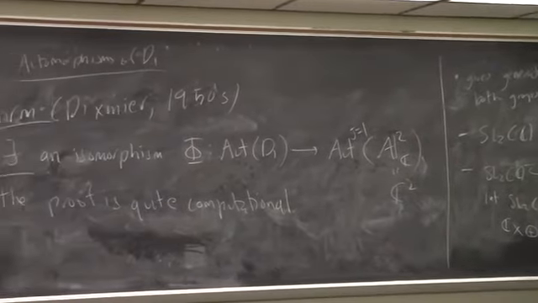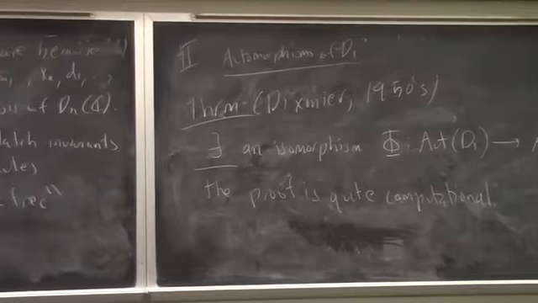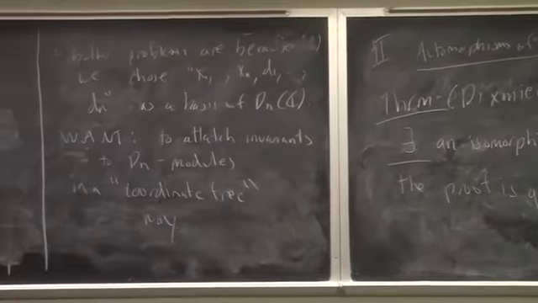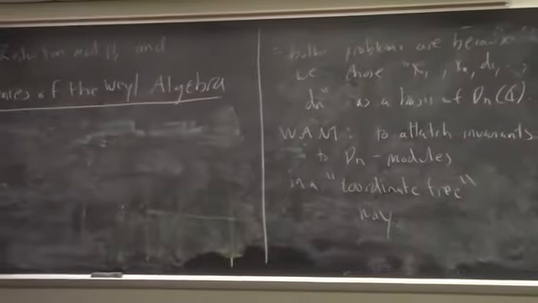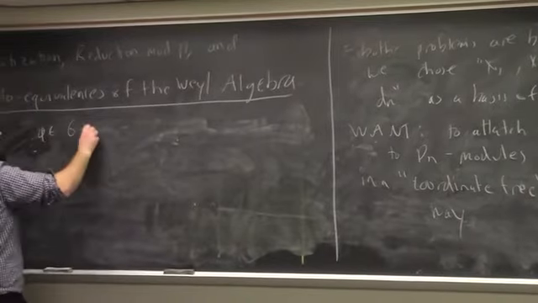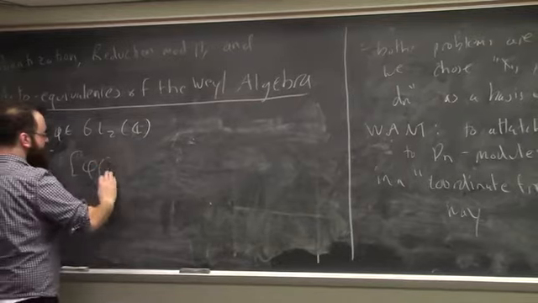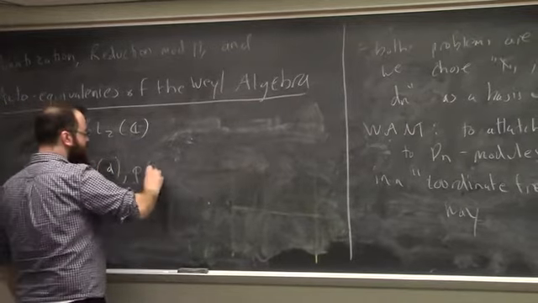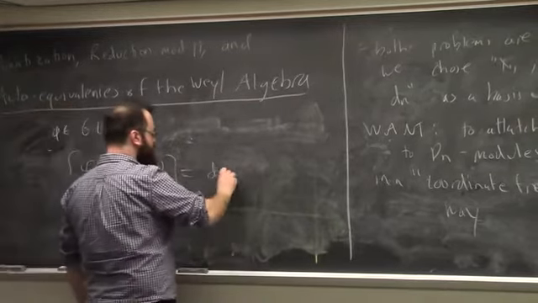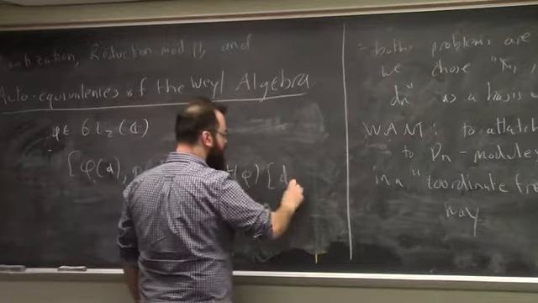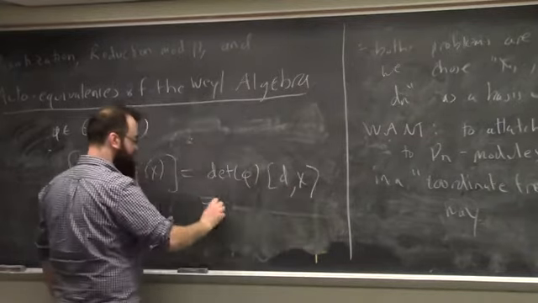So you can show that if phi is any element of GL2C, then phi of D bracket phi of X is equal to the determinant of phi dx. Okay.